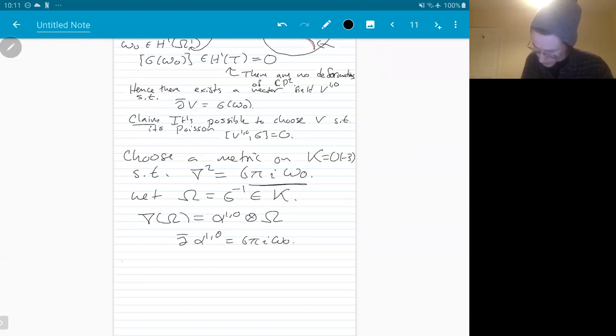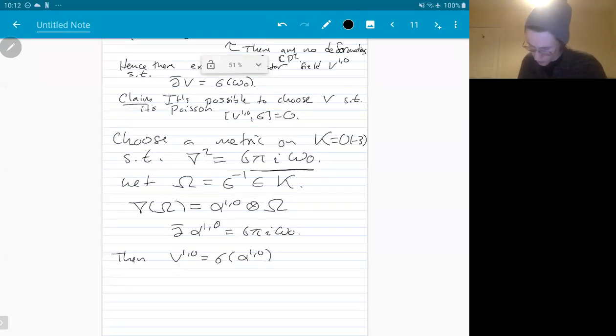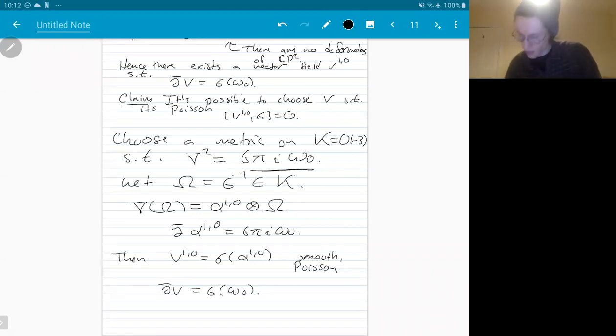So then we can take V to be sigma applied to alpha 1-0. Even though alpha was singular, this will be smooth. It's Poisson, and it satisfies the required equation. Okay, so that's how we do it.